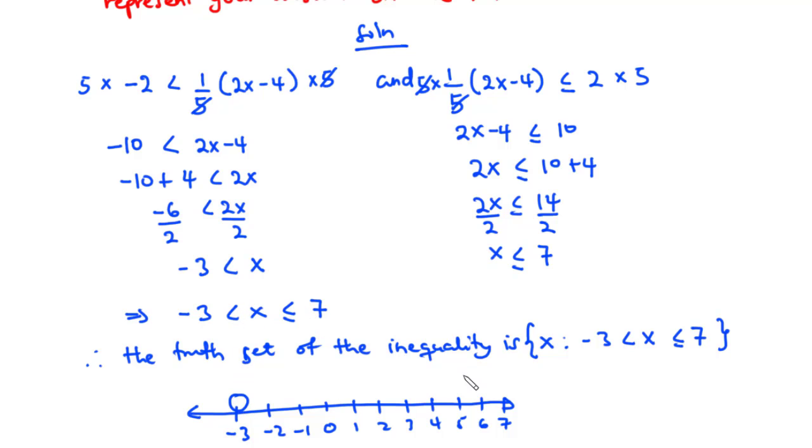Less than or equal to, we have a shaded circle. So we join the two circles, and then the solution set lies between these two values, -3 and then 7. However, 7 is inclusive. 7 is part of the solution, and then -3 is not part of the solution.